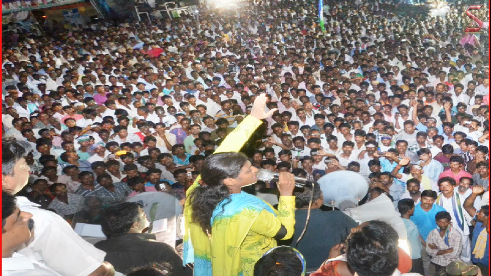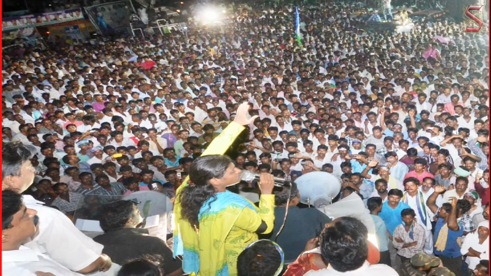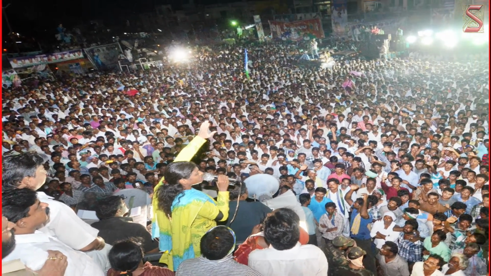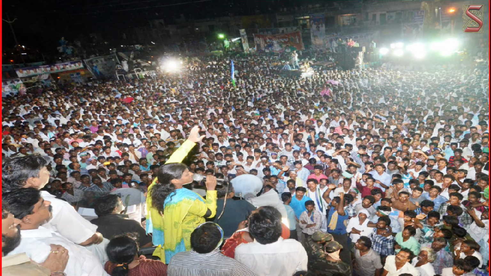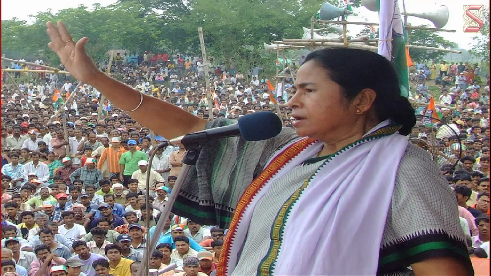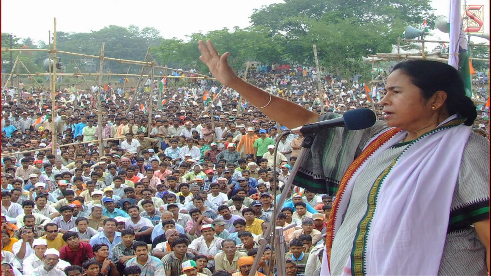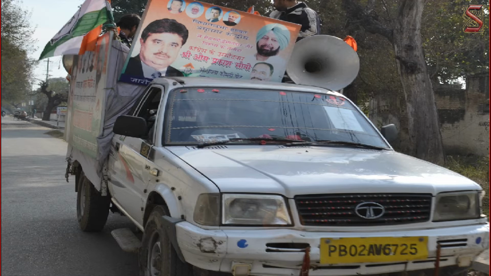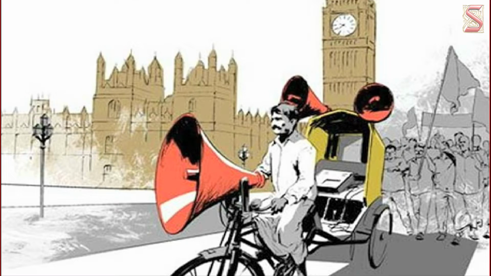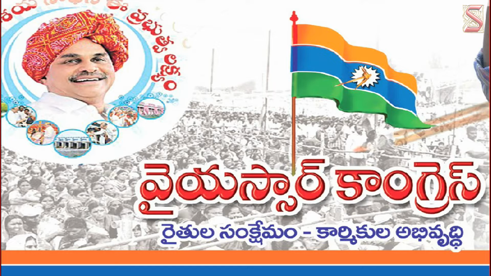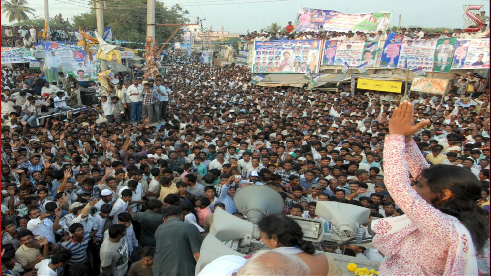Large campaigns are carried out informing the public about the party's agenda and introducing the candidates. I'm sure you would have also seen such political campaigns being organized in your area. Candidates riding in jeeps, using loudspeakers, putting posters, and organizing public meetings.